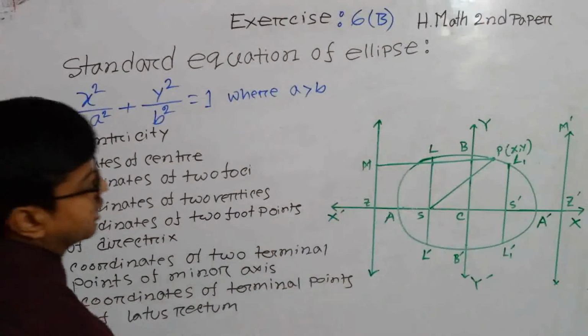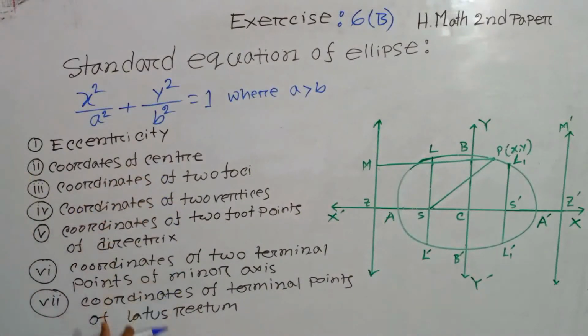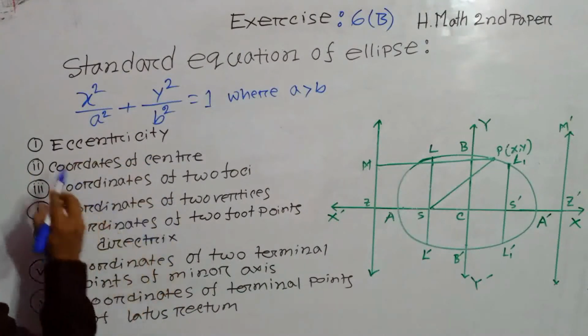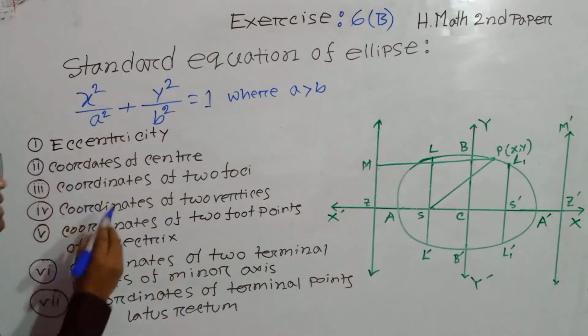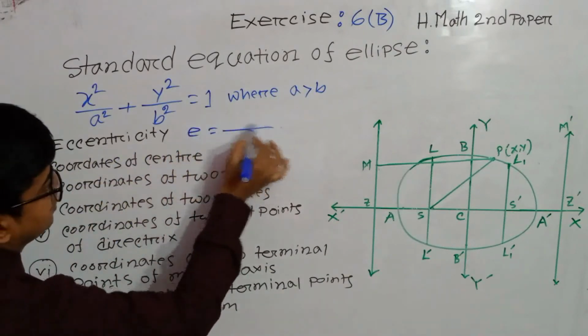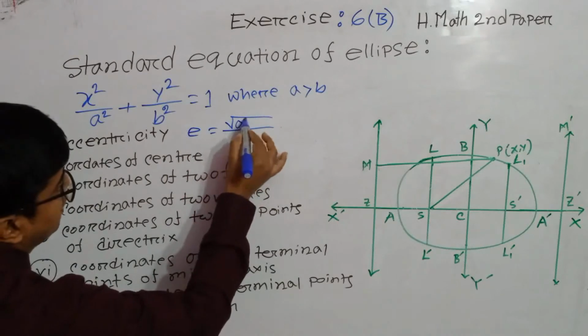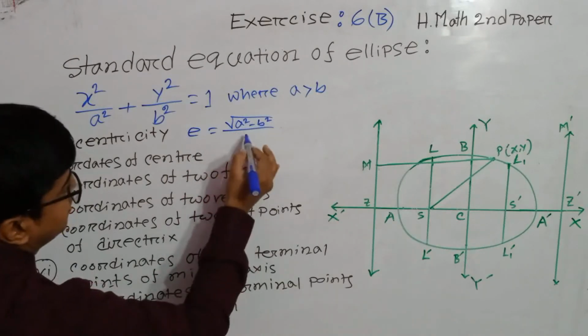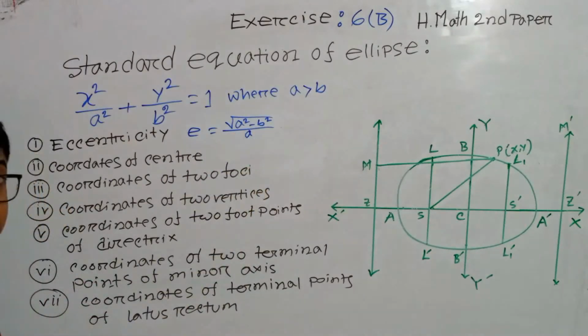Now from this figure we can write some formulas. Formula number 1, eccentricity: e equals square root of a square minus b square, divided by a.